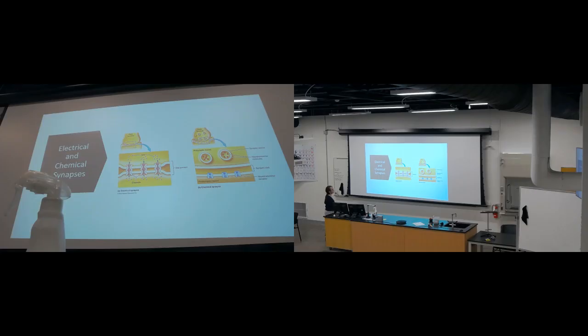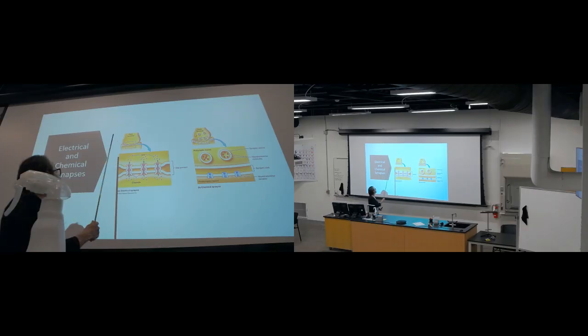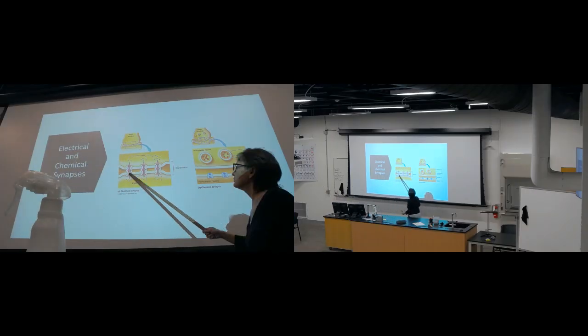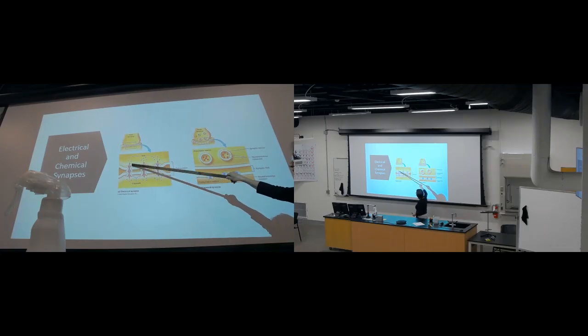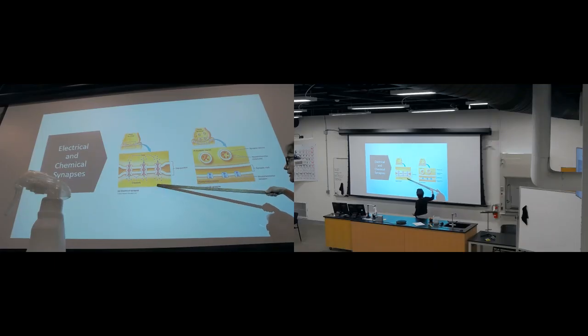So here we have these examples then. We have two cells in physical contact with each other, and then we have these proteins, which are called connexons, that create little windows in between the cells so that you have ions flowing.